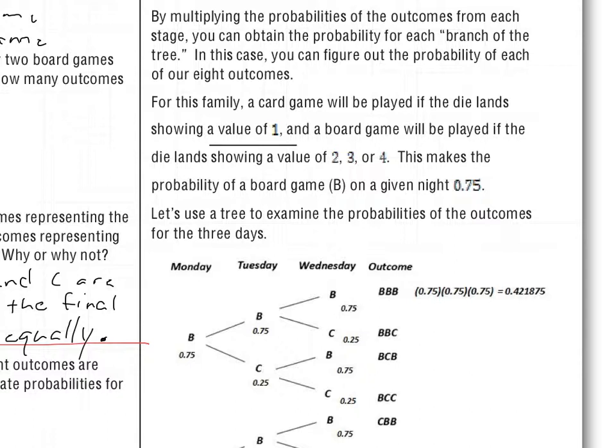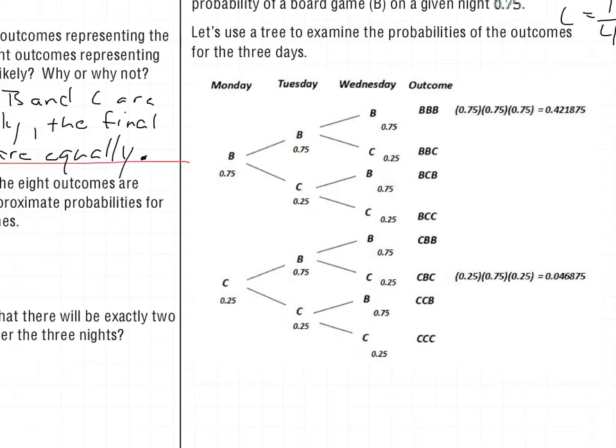If it lands on a 2, 3, or 4, that's a board game. So we can see that these events are not going to be equally likely because the probability of a board game is 3 out of 4, and the probability of a card game is 1 out of 4. That's 0.75 and 0.25.